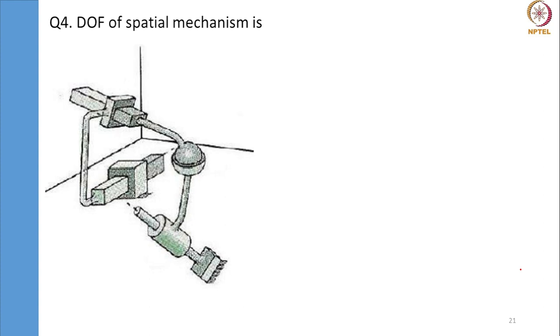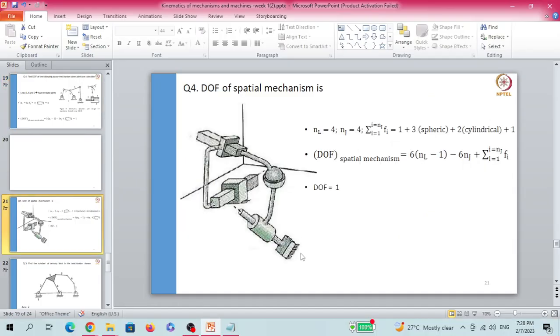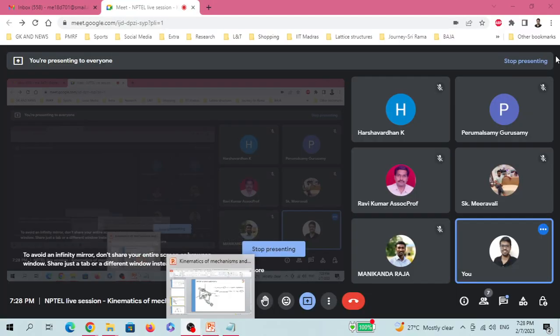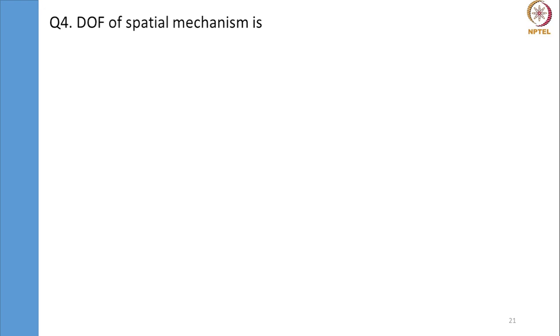So in the formula of degree of freedom, where we multiply by 3, it gets substituted with 6, because we have 3 other degrees of freedom. Sir, can you show the question, please?